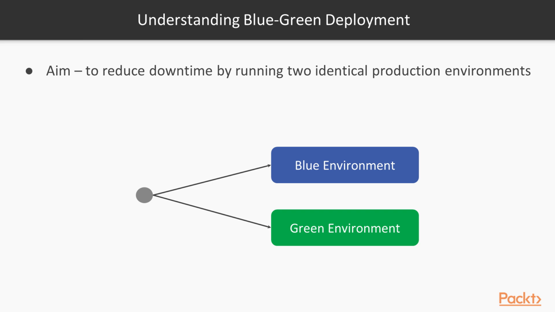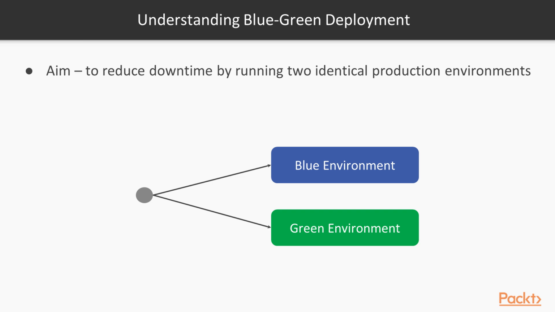Once you have tested that all the updates to the green environment are working perfectly and the application is responding correctly, you switch the production traffic from the blue environment to the green environment, and the green environment will start to serve the updated application.